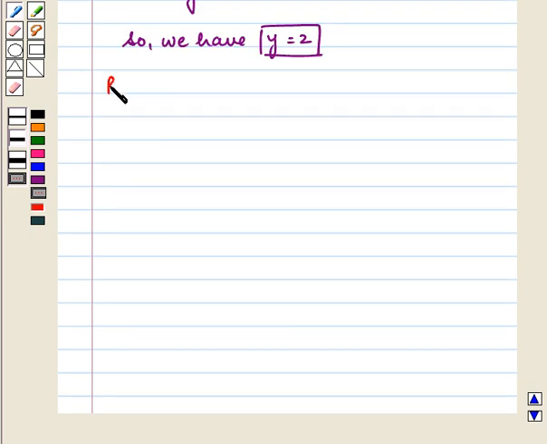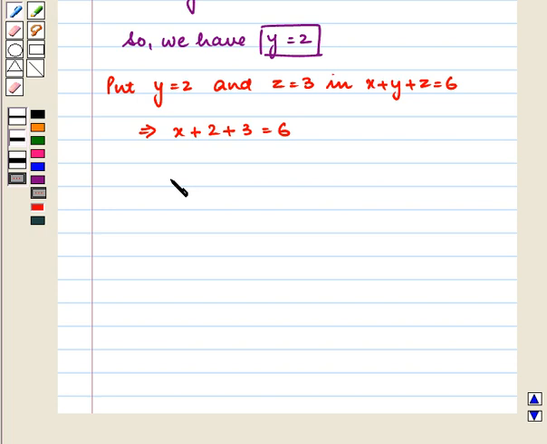Now we put y equal to 2 and z equal to 3 in x plus y plus z equal to 6. This implies x plus 2 plus 3 is equal to 6, which implies x plus 5 is equal to 6, which implies x is equal to 6 minus 5, which is equal to 1.